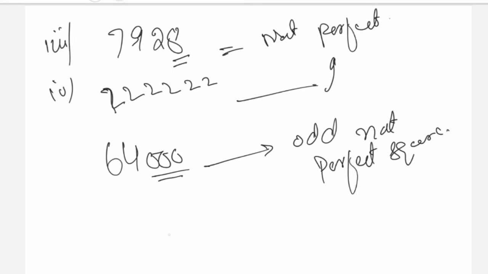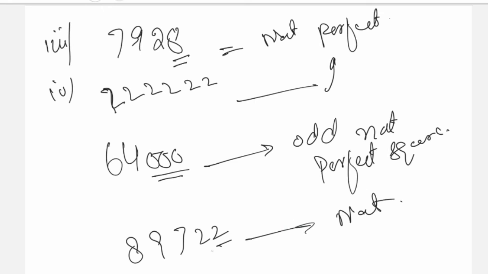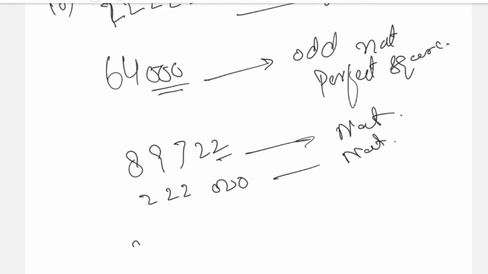Then 89722, next one, just check it: 89722, again 2, not perfect. Again 22200, not a perfect square. Again 505050. Now one zero is odd, not a perfect square.